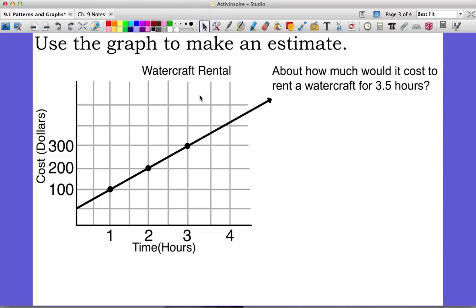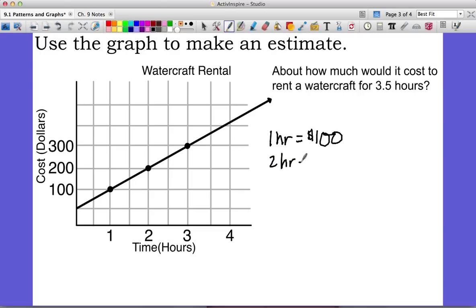Alright, next we're going to talk about how to use the graph to make an estimate. You have this graph in your notes, and you're going to take a look and say, alright, about how much would it cost to rent a watercraft for 3.5 hours? I know that for 1 hour it cost me $100. Right, so that's important. I would want to possibly write that down. So I go up here, 1 hour was $100.